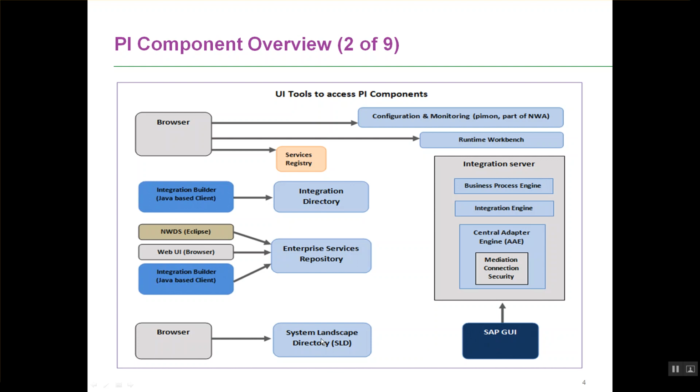It contains all the systems in your landscape because PI is connecting to those systems. System landscape directory is accessed via a browser. So you can use Internet Explorer, Chrome, or Firefox. There are certain restrictions around which version of browser supports which version of PI, but at the end of the day, the front-end tool that you use to connect to the system landscape directory is a browser.